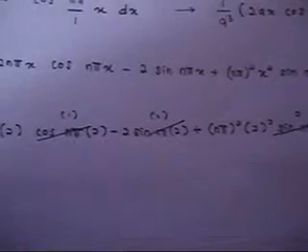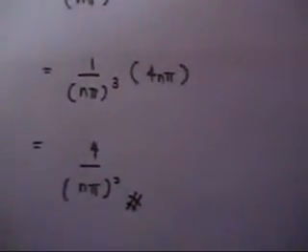Sin n pi 2 will be equal to 0. Anything that is multiplied by 0 is 0. So after we calculate, we get the value here, and the final answer is 4 over, in the brackets, n pi to the power of 2.